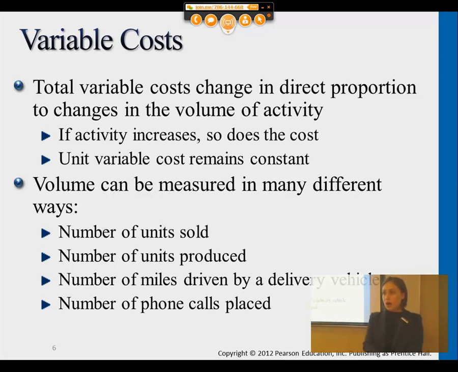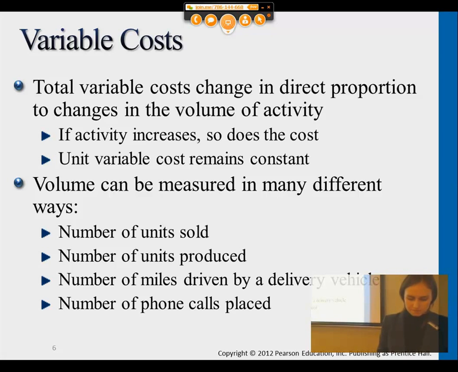So if my variable cost for that production of a table was $100, it does not matter how many I produce, right? That's per unit. Okay, so next one, how can we measure our volume? It's units sold, units produced, miles driven, phone calls placed, etc. Okay?